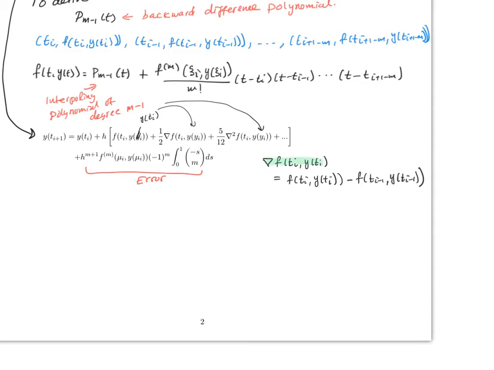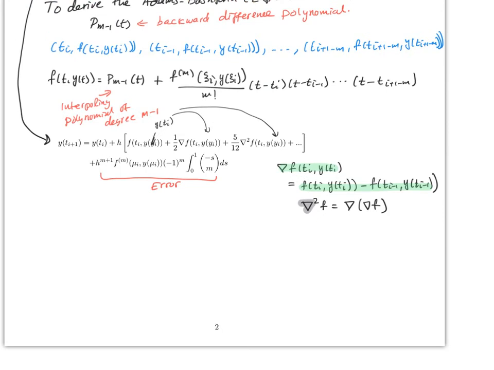Okay, so this equals this, and then you have nabla squared of f defined as nabla of nabla f. One more thing here, ξ is between t_{i+1-m} and t_i. So this goes with this.